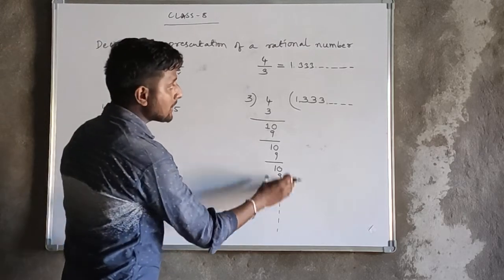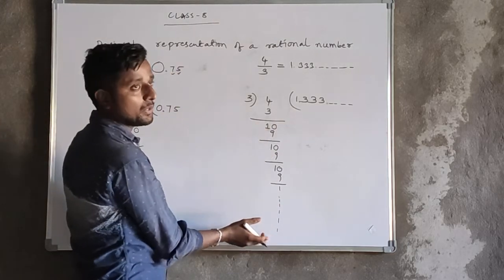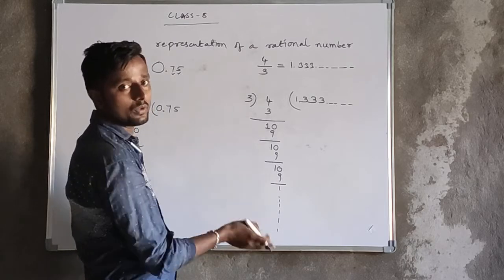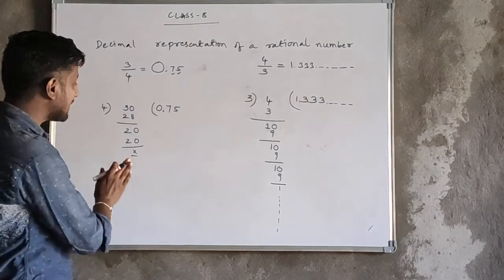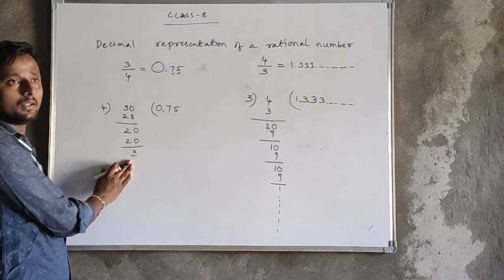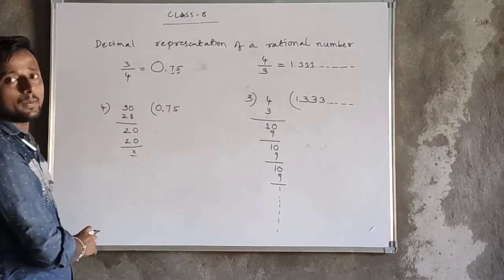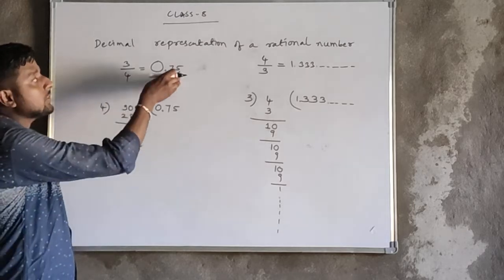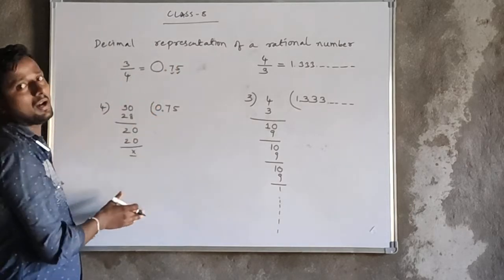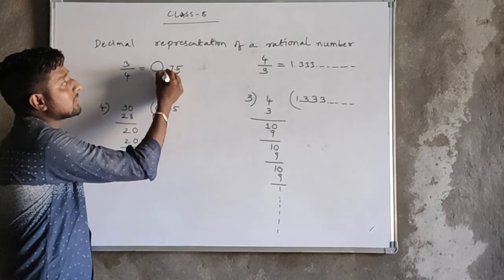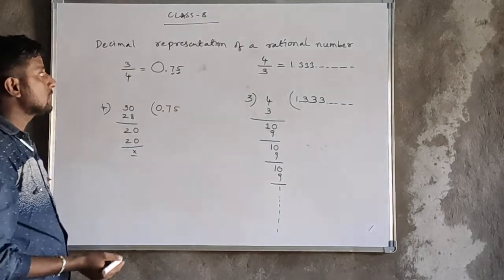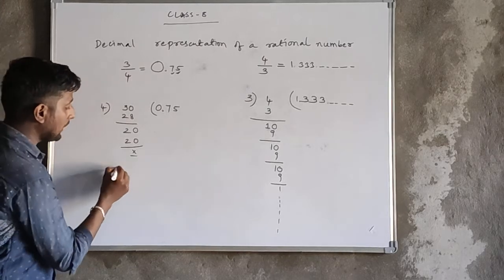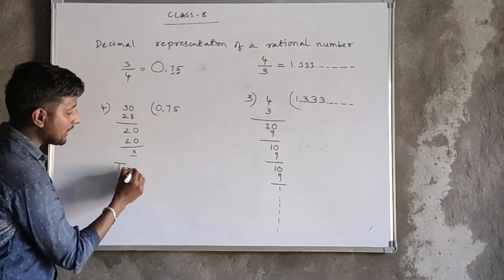But in this case the remainder hasn't come 0, and the division is going on. It has no certain end. So we have two types. The division which can end at a certain time gives decimal places we can count, and these kinds of decimals are called terminating decimals.